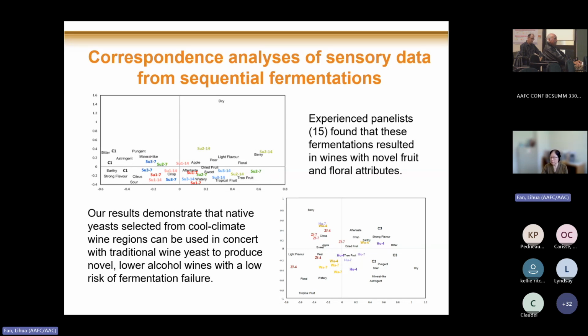The timing of the sequential fermentation with Saccharomyces yeast control, for example day 4, day 7, or day 14, did not appear to influence the flavor profile of the resulting wines. Our results demonstrated that native yeast selected from cool climate wine regions can be used in concert with traditional wine yeast to produce novel, lower alcohol wine with a low risk of fermentation failure.